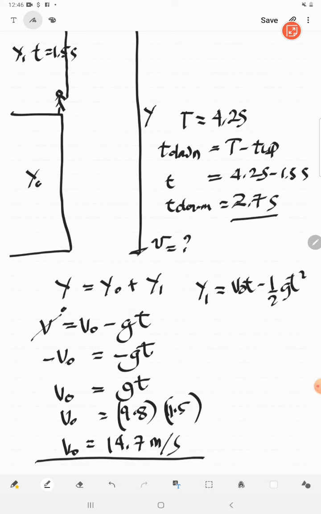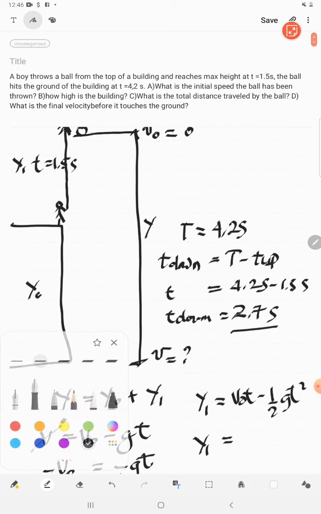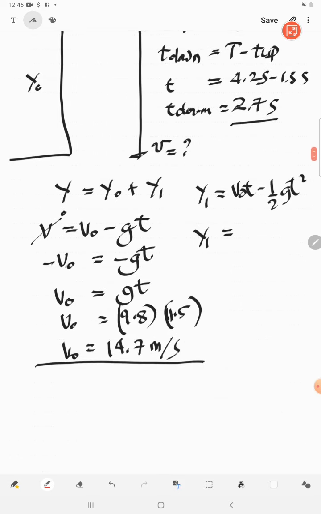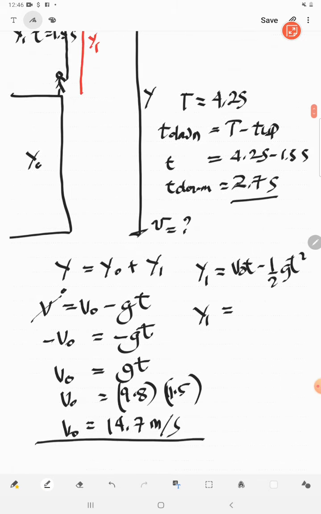So this is our canon for finding y1. So you have to remember this is your y1, okay? Y1 is the distance from the roof. This is our y1. Okay? So our y1 is simply equal to v naught t minus 1 half g t squared.